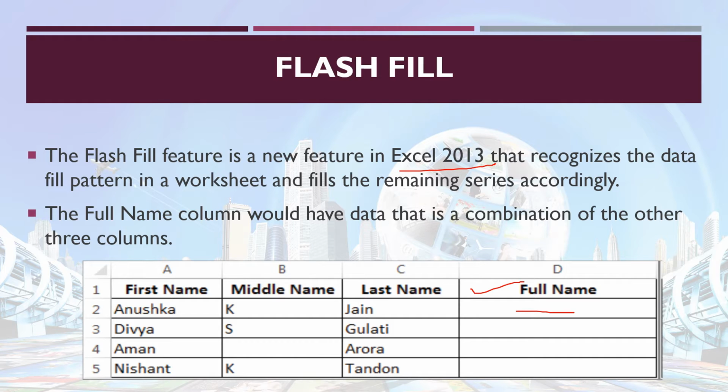For example, the first name is Anushka, the middle name is K and the last name is J. We want the complete name in the full name column, like Anushka K J. So the first cell we can fill in this way. The remaining cells, suppose there are 100 names like this, will be entered automatically using this flash fill feature. So this is the use of flash fill.